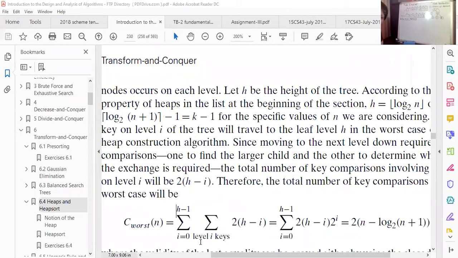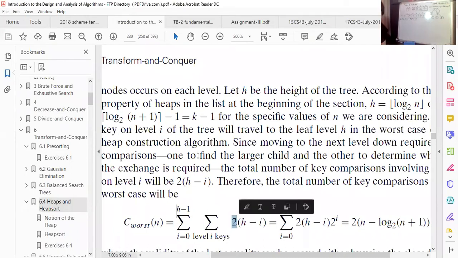For these two loops we have the summation values, and within the while loop we have two if conditions. One checks whether a node has a sibling of higher value, and the other checks whichever node is higher against the parent node. So we need two comparisons at all times, which is why 2 is here.